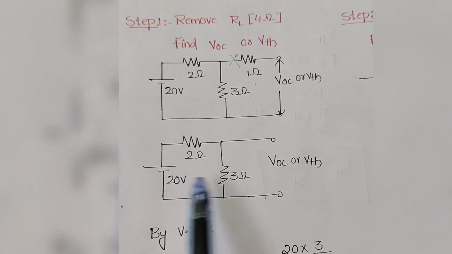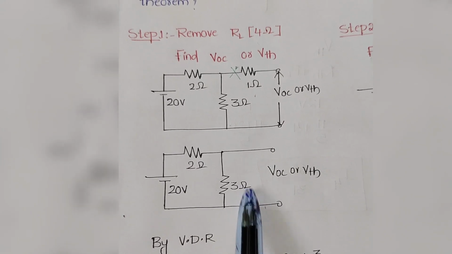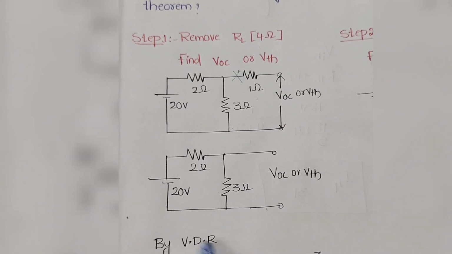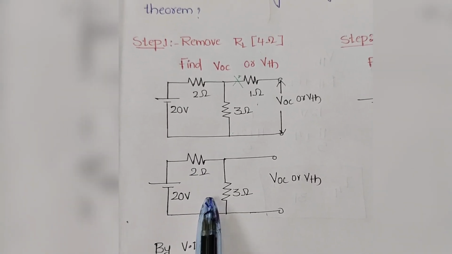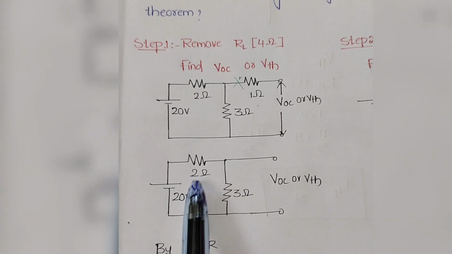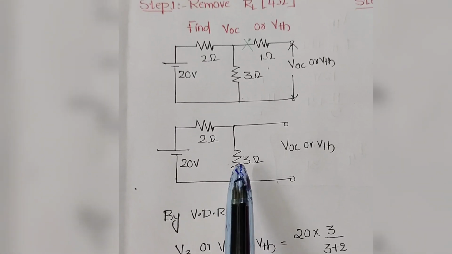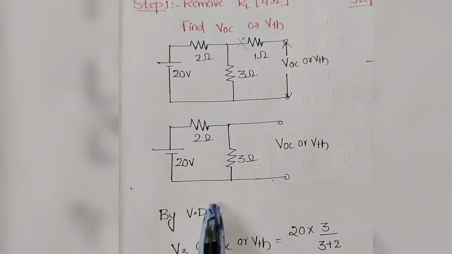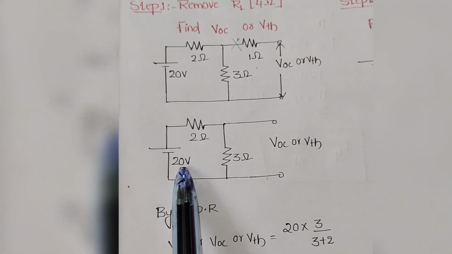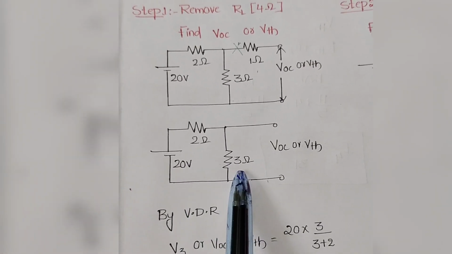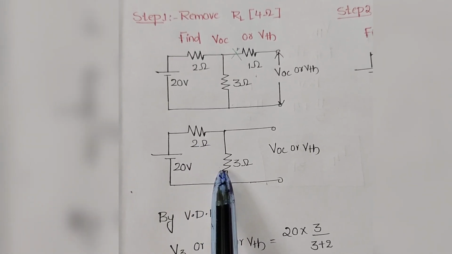In order to find the voltage across 3 ohms we use the voltage division rule. The voltage division rule is applicable only for series circuits. Why? Because voltage is divided in a series circuit and current is the same. The formula is total voltage into that resistance by total resistance in the series circuit.